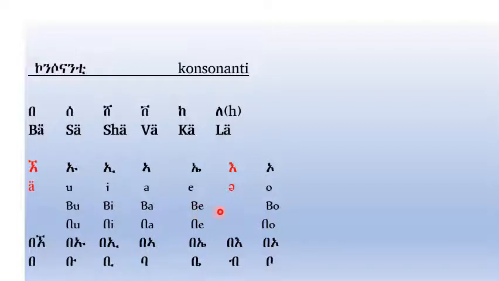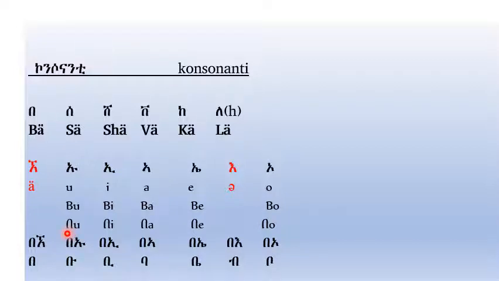Ba-E, be. Ba-O, bo. That's the 5 B's of Swahili. Now, let's replace the ba with the b and use the Swahili method to write. Let's combine both and see the results.